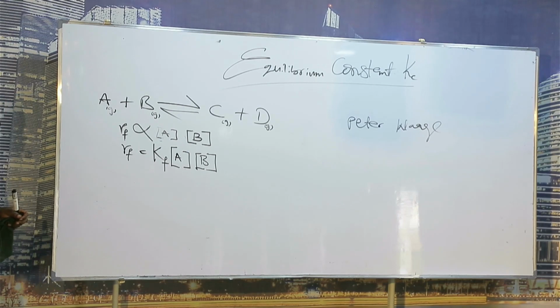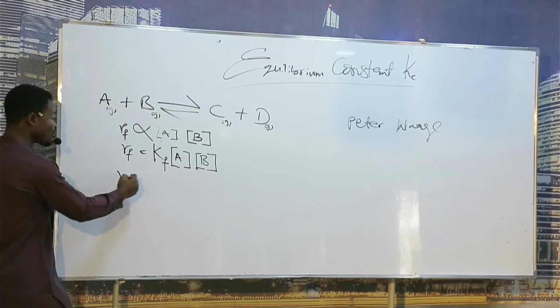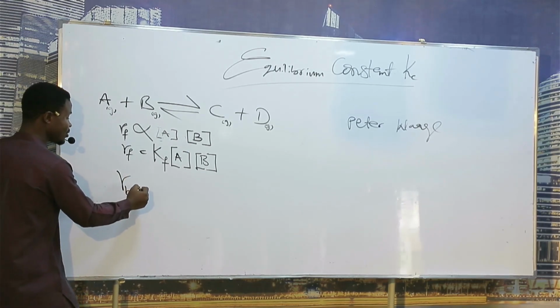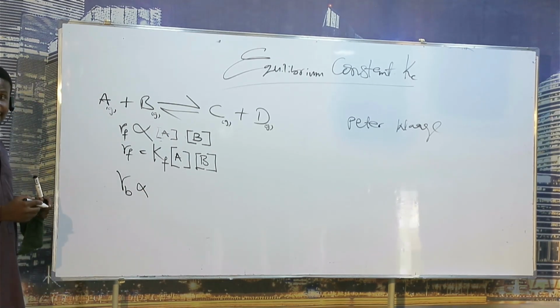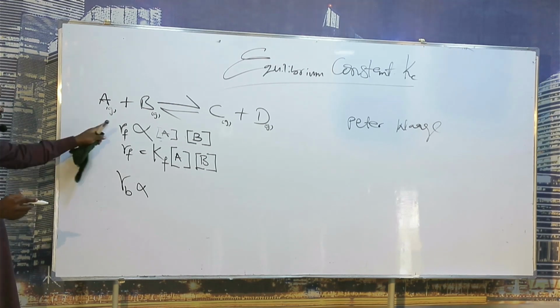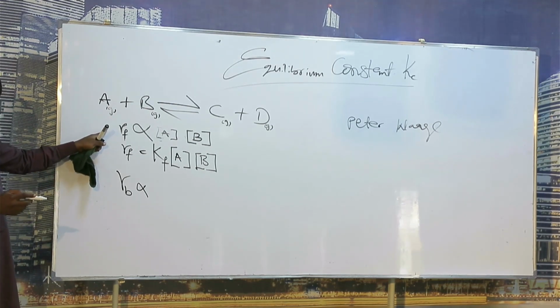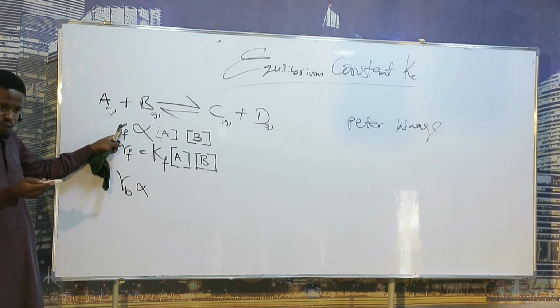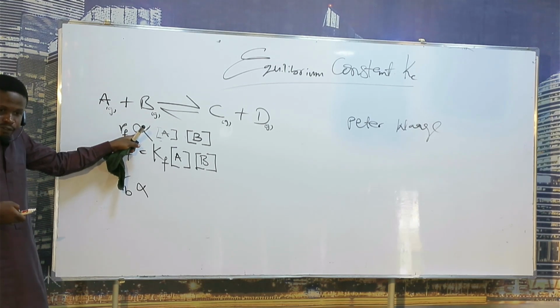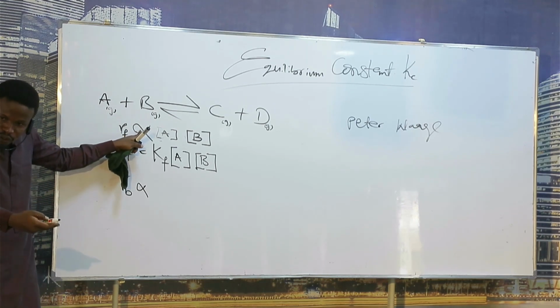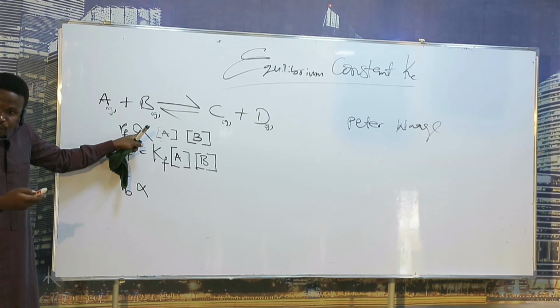All right, let's see the backward reaction. The rate of the backward reaction will be directly proportional to what? Did you get the first step? The rate of the forward reaction is directly proportional to the concentration of the active species involved.